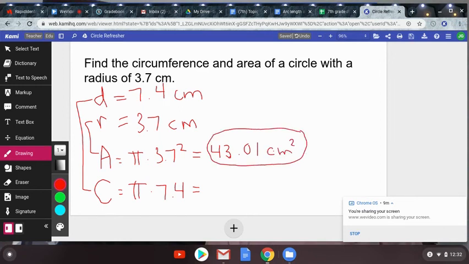That's my area. And pi times 7.4 is 23.25 centimeters. Now, if you're getting your answers really close to mine, but you're rounding a little bit different, that's okay. We're not as concerned about rounding as we are the process, figuring out how to find the area and the circumference. All right.